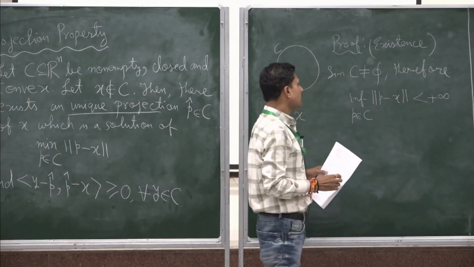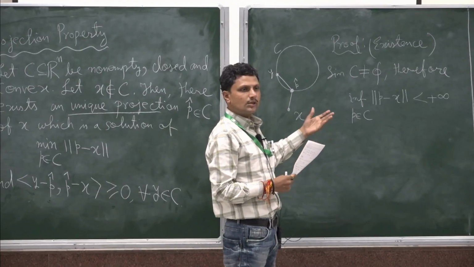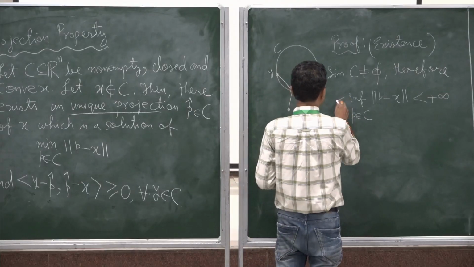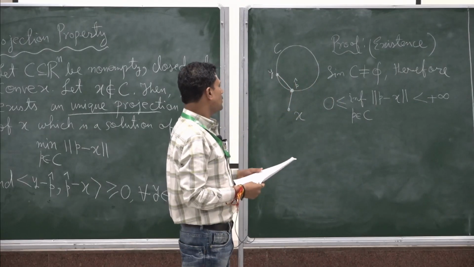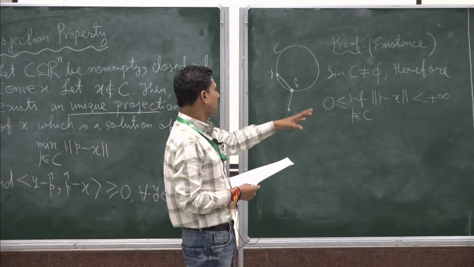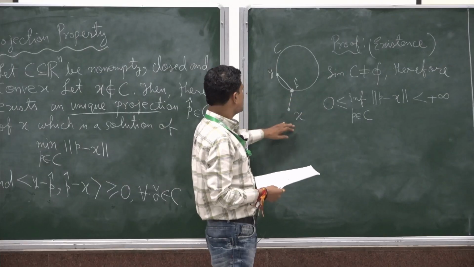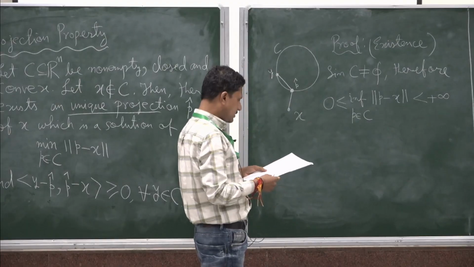This will be some finite number, and it is also greater than or equal to 0. Since X is outside this set C, this will be greater than or equal to 0.